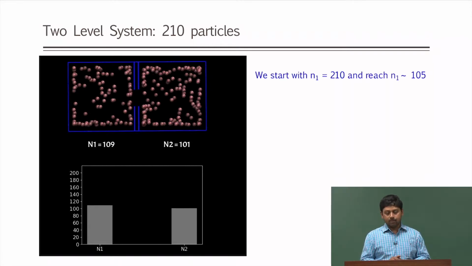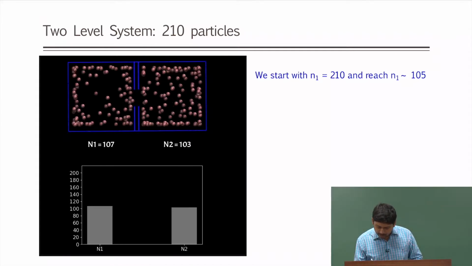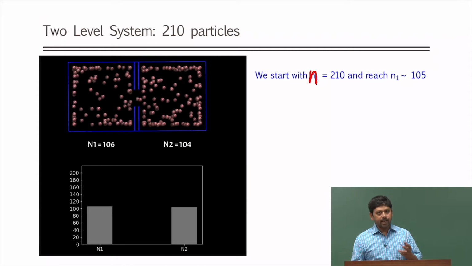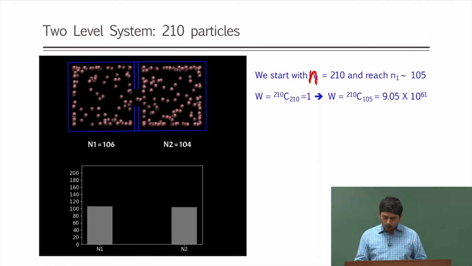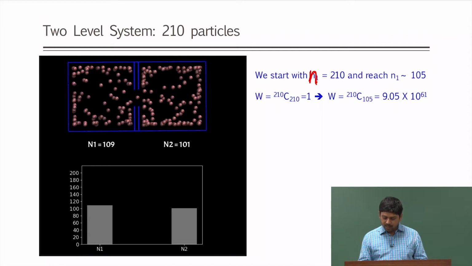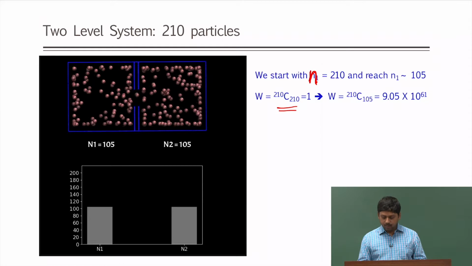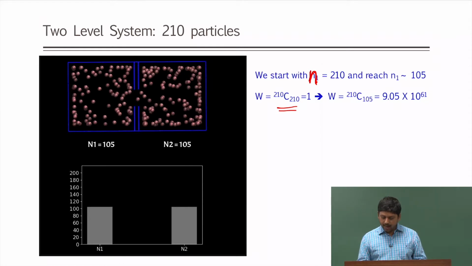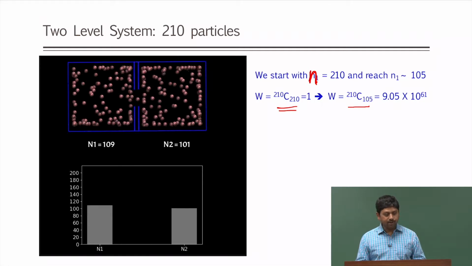So, let us do some calculation. Here n equal to 210 and n1 is 105. When all the particles were on one side, it is nCn, and that is only 1. When half the particles have gone to the other side, then n1 is 105.